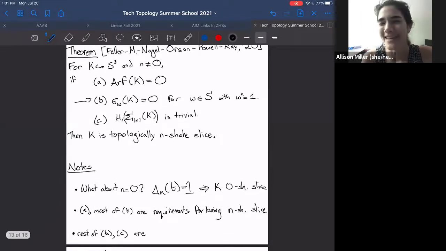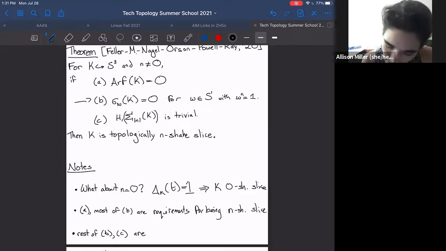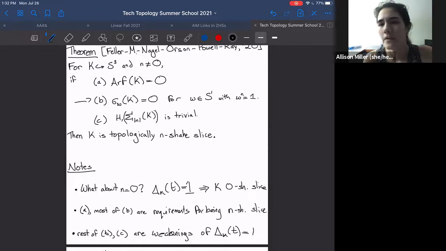But the rest of B, and certainly all of C, is not at all even a requirement for being slice. But you can, and I think should, think of these as being weakenings of Alexander polynomial equals 1.